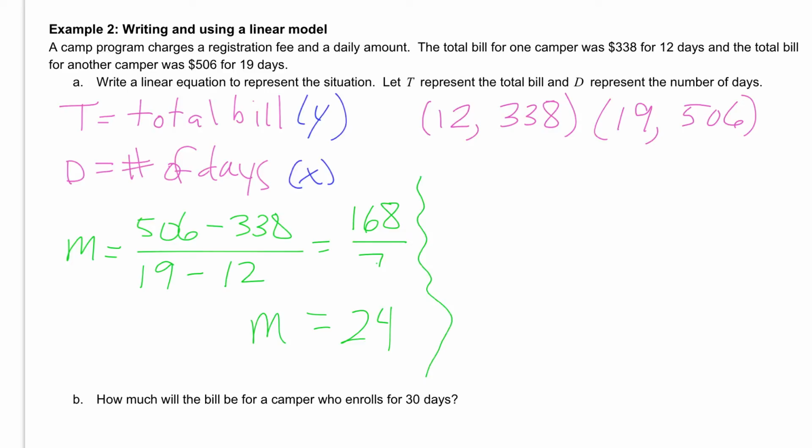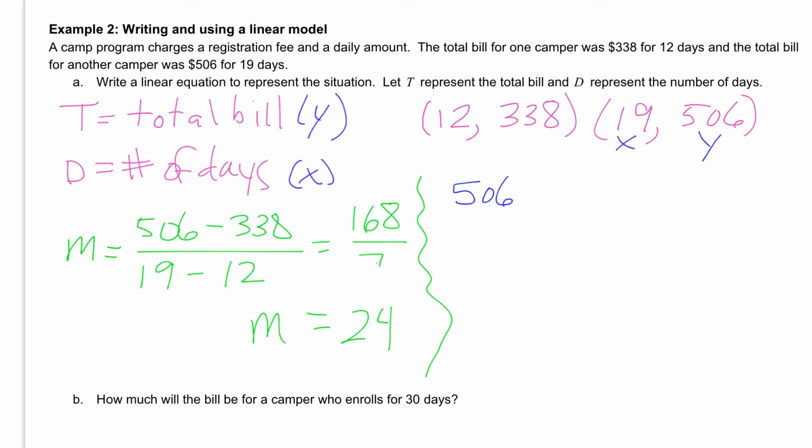Then what I need to do is I need to find my y-intercept. So I'm going to use my slope, which I have here, and one of these ordered pairs. Again, it doesn't matter which one you choose. Let's go with this one, the 19, 506. So I'm going to be plugging 506 in for y and 19 in for x.